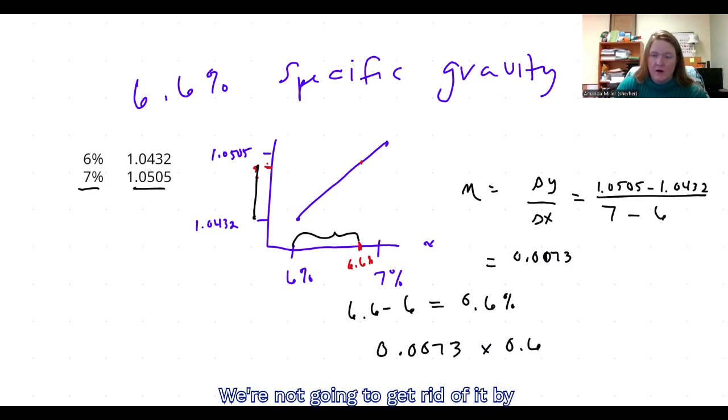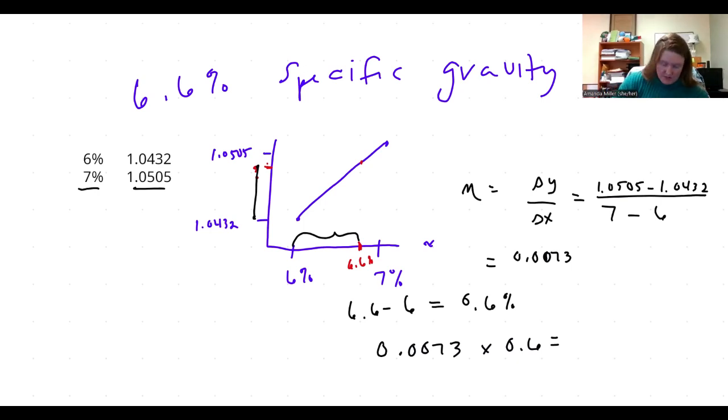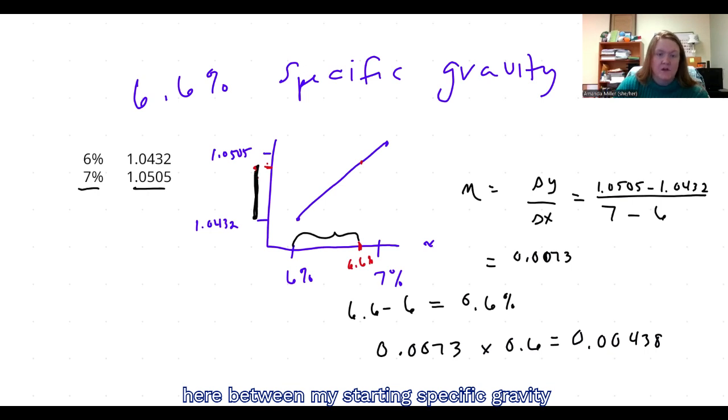It's just a unit. We're not going to get rid of it by dividing by 100. Just leave it there. So this comes out to be 0.00438. And what that tells us is how big the black line is here between my starting specific gravity and the one I'm searching for. That's an increase because the specific gravity was going up as the percentage goes up.